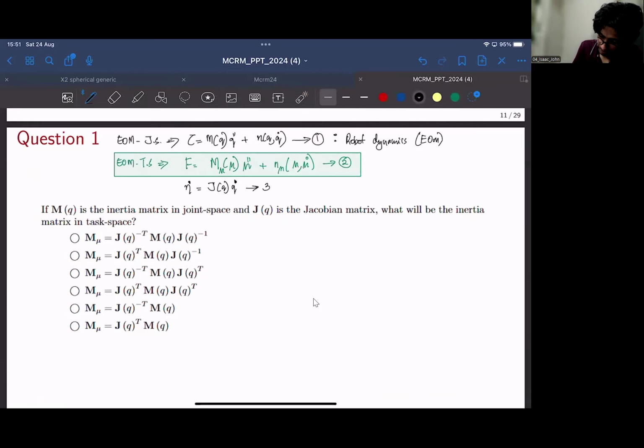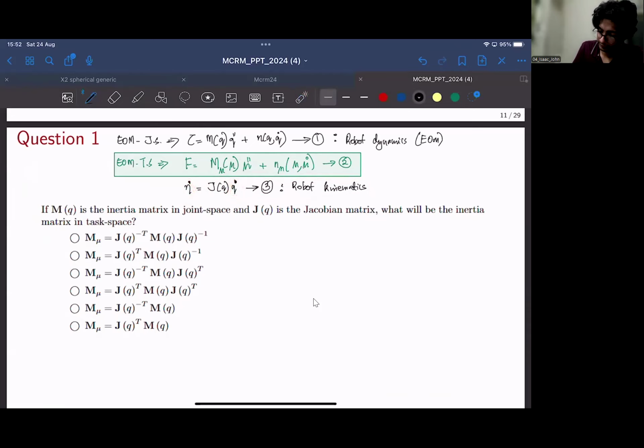I label this as equation 3, and this is from robot kinematics. I suppose you are very familiar with this equation, where eta dot is the vector of task space velocities, Q dot is the vector of joint space velocities, and J of Q is the Jacobian that maps the velocities of joint space to the velocities of task space.